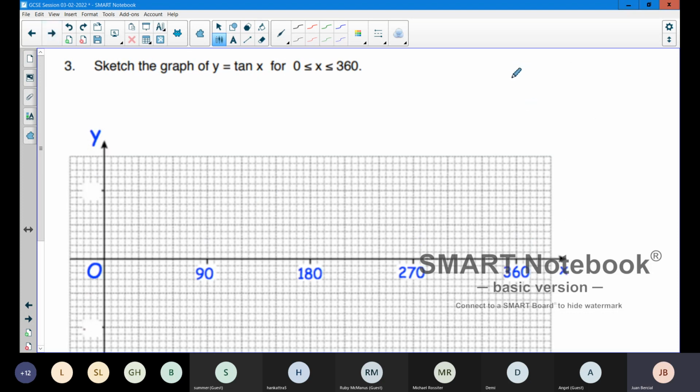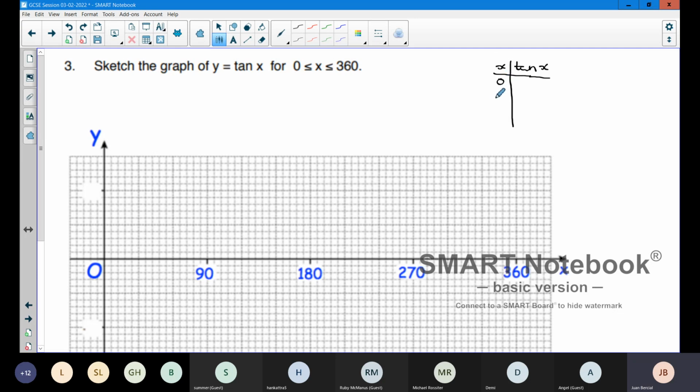Now the tangent is a little bit strange because, as you know, the tangent has some points at which it explodes. The calculator gives you an error.